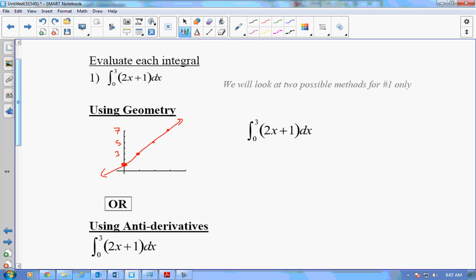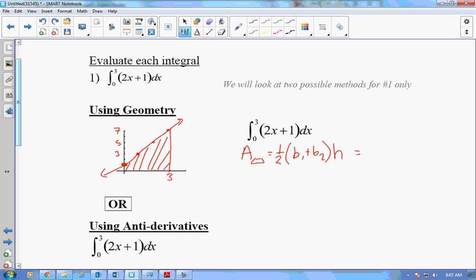And it wants us to evaluate from 0 to 3. So that area. What shape is that area? Trapezoid. Remember the area formula for a trapezoid? 1/2. It's like a triangle, but we have two different bases times the height.